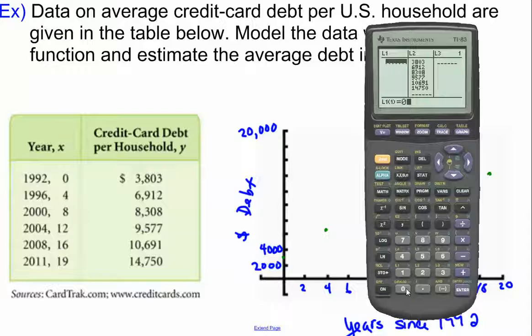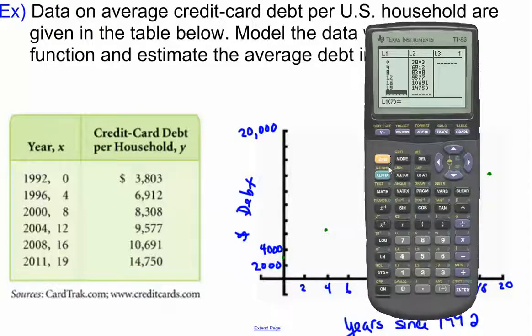Okay, now I need to put my numbers back in. So 0, and then 4, and then 8, and then 12, and then 16, and 19. Then you would go through and you put in your list two. If you need to pause a moment to do that, go ahead. You do want to be very sure that whatever data you put in here is accurate, because one slight typo is going to mess up your whole problem.